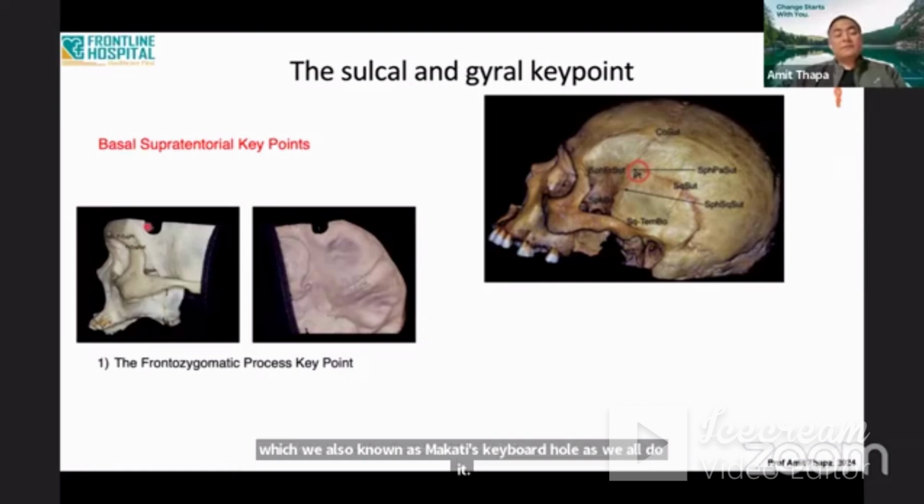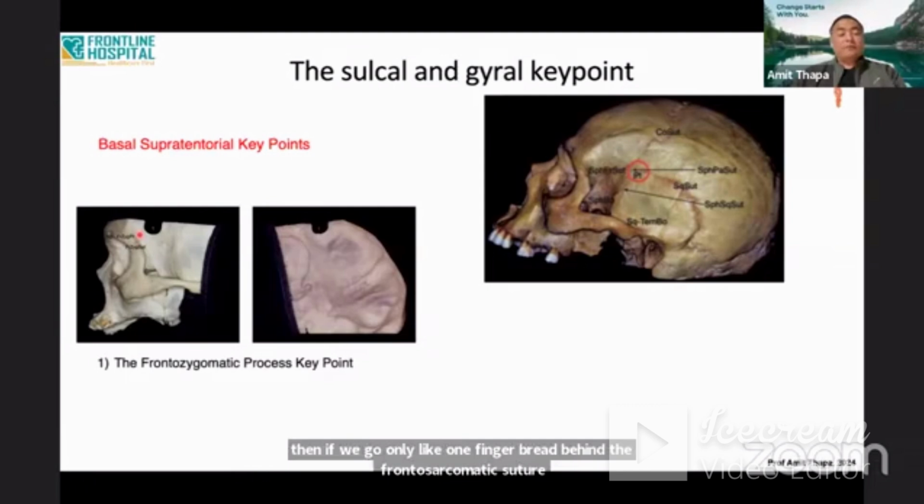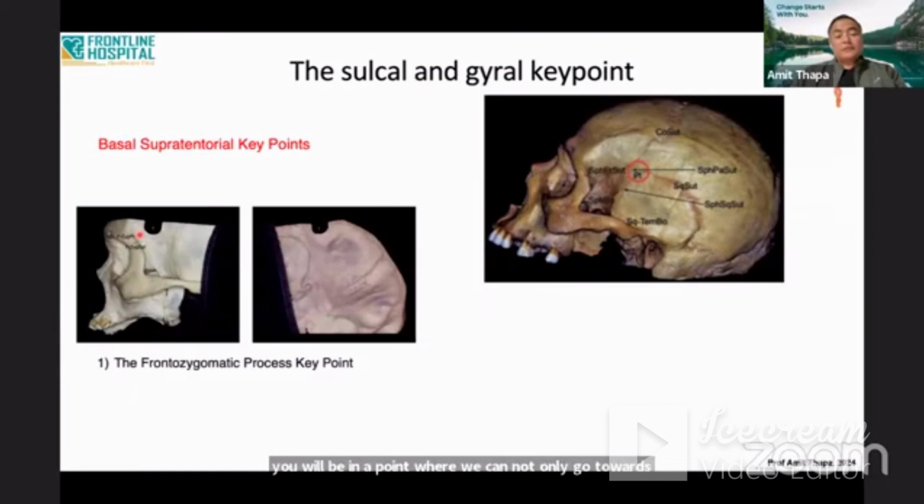Most people go 1 centimeter behind the pterion, but then if we go only like 1 finger breadth behind the frontozygomatic suture, or rather 5 to 7 millimeter behind and superior, we will be at a point where we can not only go towards the orbit, but can also go towards the frontal skull base, if we just change the direction of this particular key burr hole site.